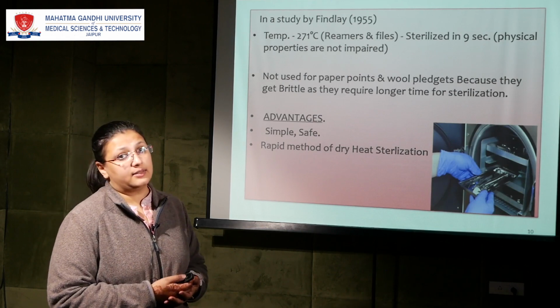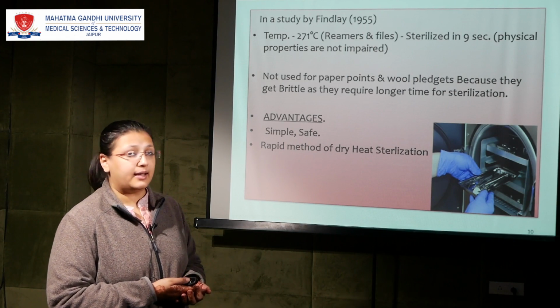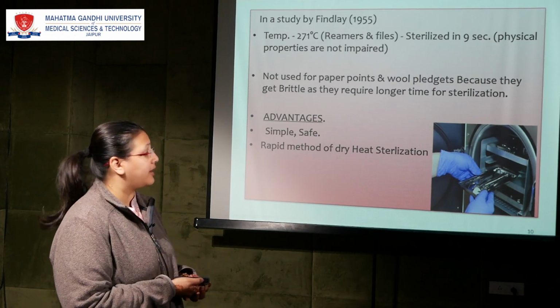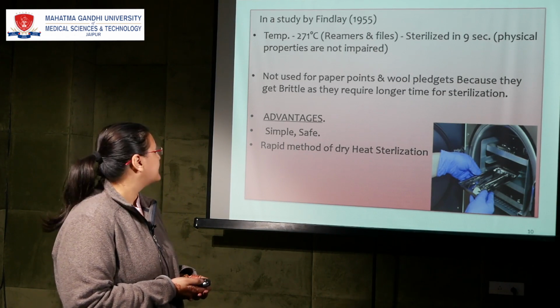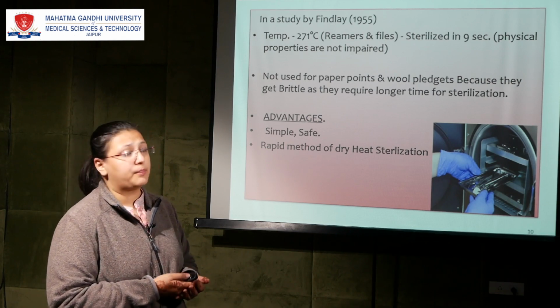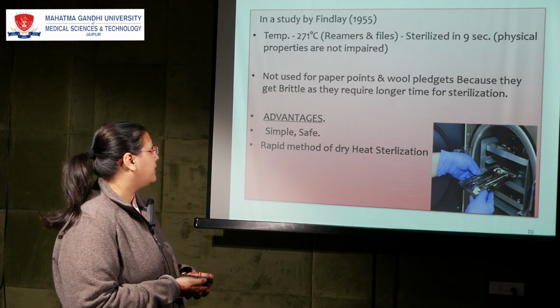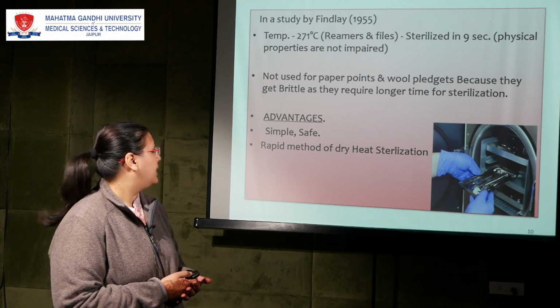In a study by Finlay, the temperature was 271 degrees Celsius for reamers and files, which were sterilized in 9 seconds. Physical properties were not impaired, but it is not used for paper points and wool pledgets because they are brittle and require longer time for sterilization.